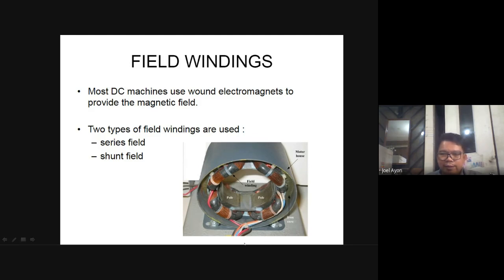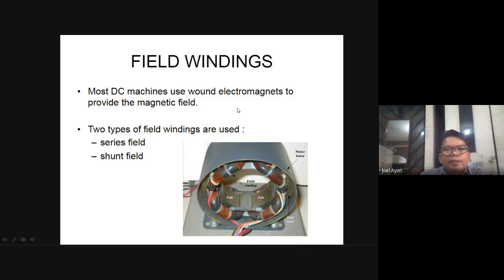No one? Okay. In small DC motors, there is no field winding. What they have is a permanent magnet, North and South Pole. But since these are bigger motors, their stator consists of field windings. It is not a permanent magnet.